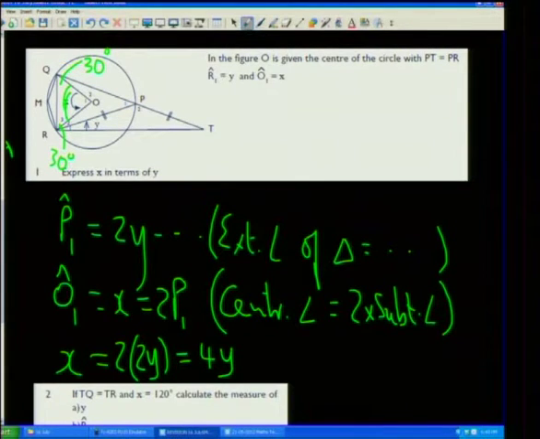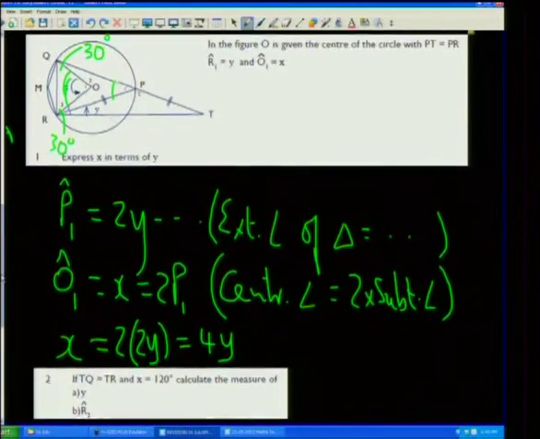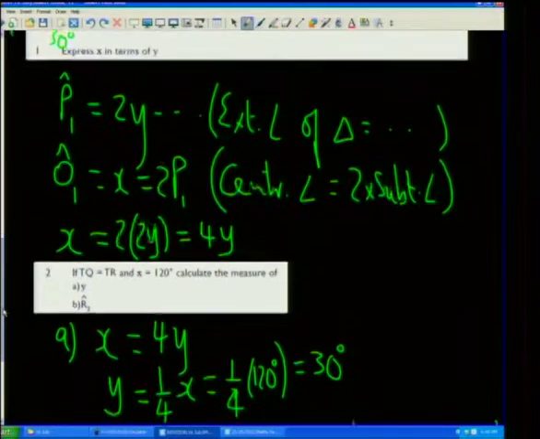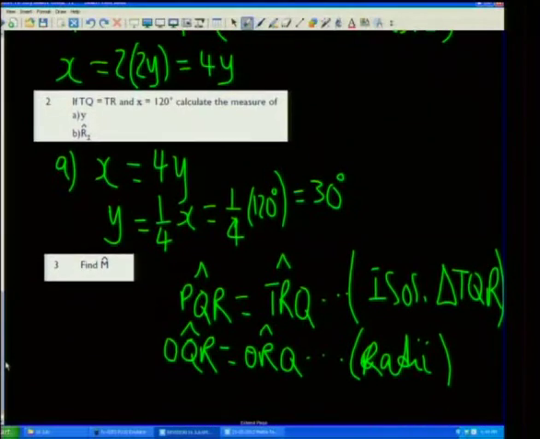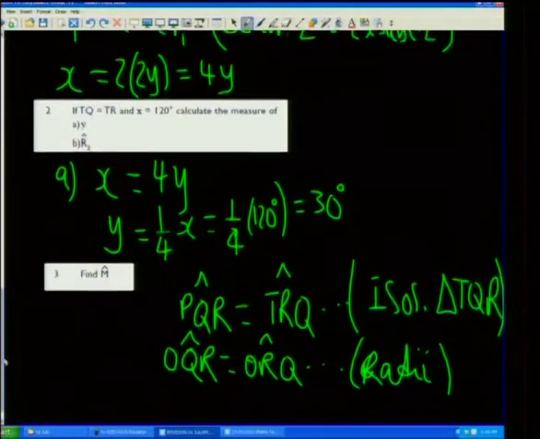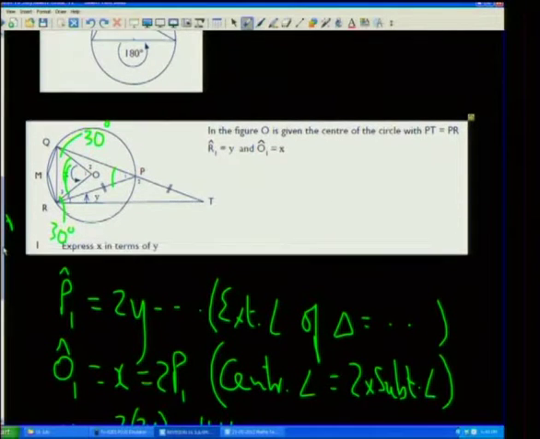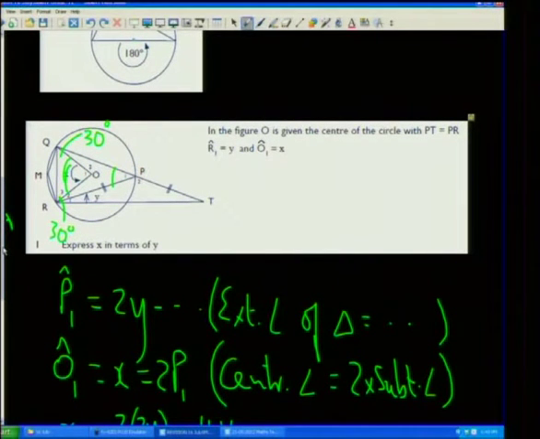And another one to pick up on is the central angle. We said the central angle is twice that, which means we know this angle over there. If we know that angle to be P1, that's 4y. So that is 120, let's say. x is 120.